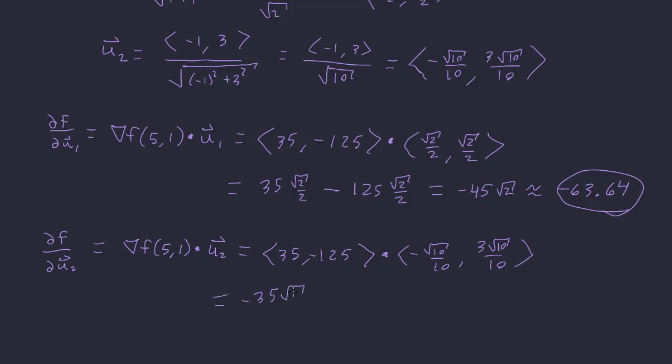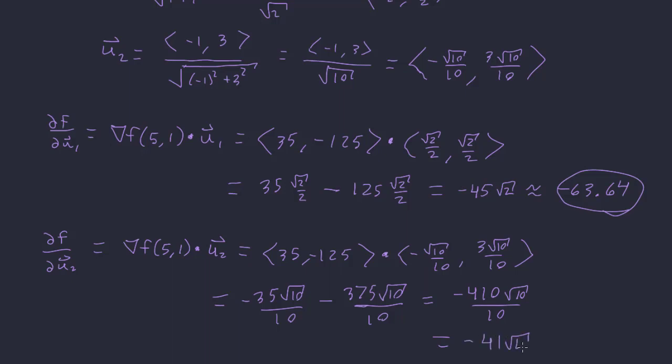All right, so it will be negative 35 root 10 over 10 minus 125 root 10 over 10. Whoops, I'm sorry, that's not right. It's negative 375.